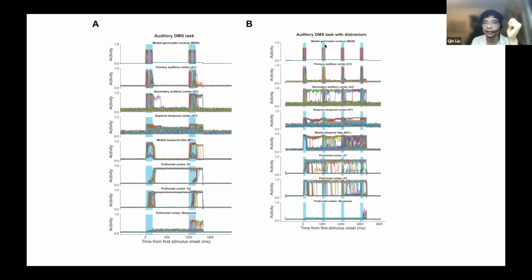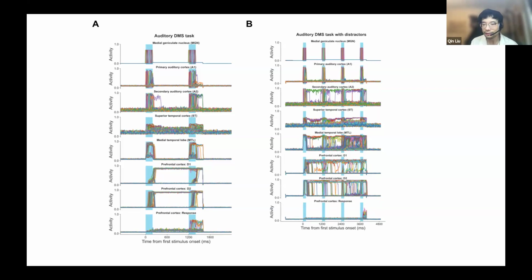And then on the right is the delayed match to sample task with distractors. There will be multiple distractors shown between the first image and the last image, and the model needs to process the images and also the distractors. But at the final stage, the model still answers the question correctly. But there are some very interesting dynamics that emerged in the simulation about the processing of distractors, just like I said.